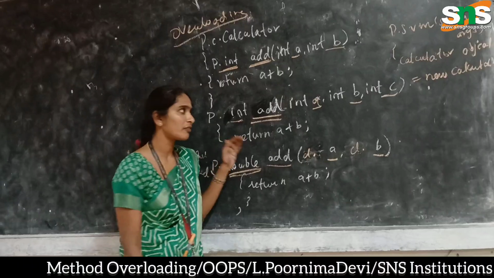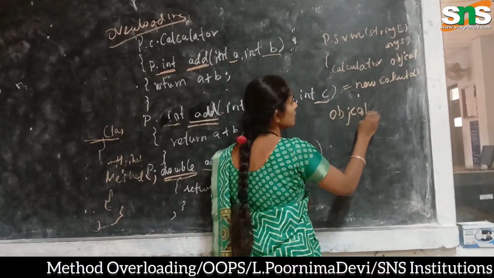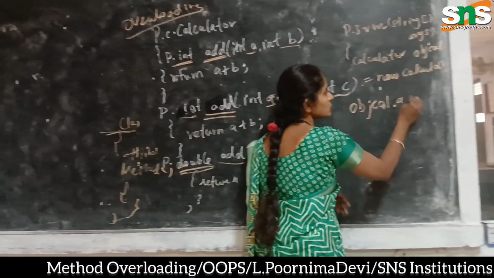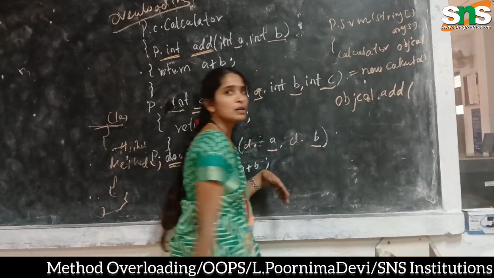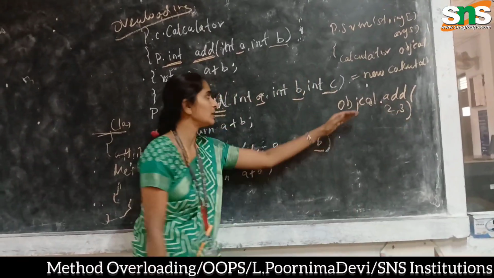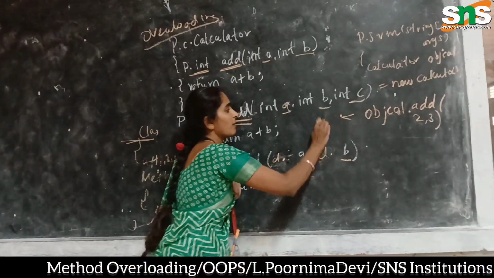I use the object cal and pass the values. The method name is add. When I give 2 comma 3, this method will be called and return a plus b, so the value will be 5.